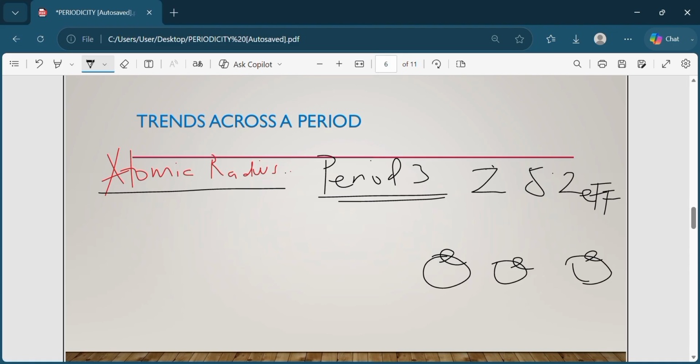For example, in short period 3, from sodium to chlorine, let's not take it to the other final group, the electrons are added to the same energy level from atom to atom of the different elements.